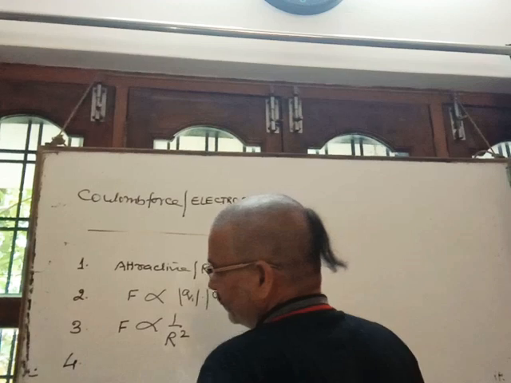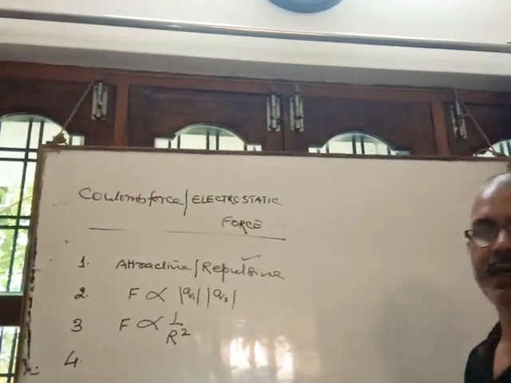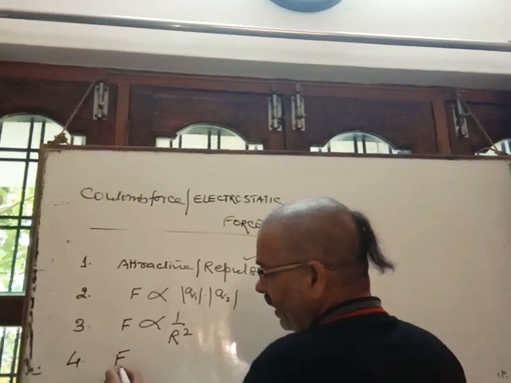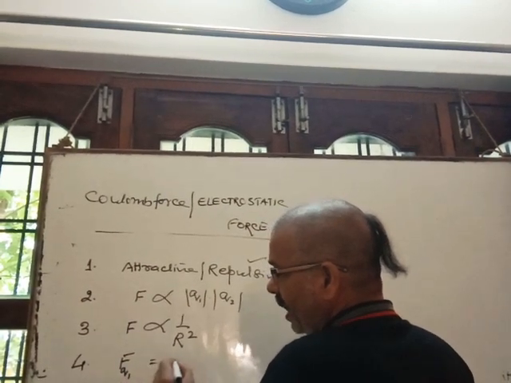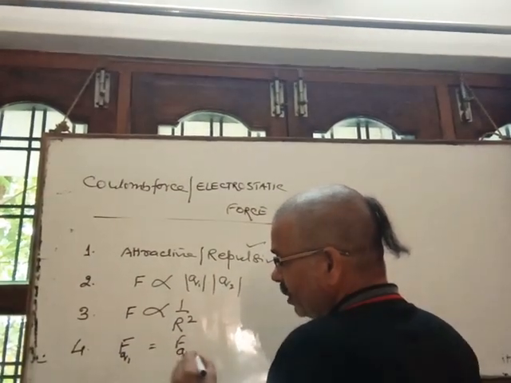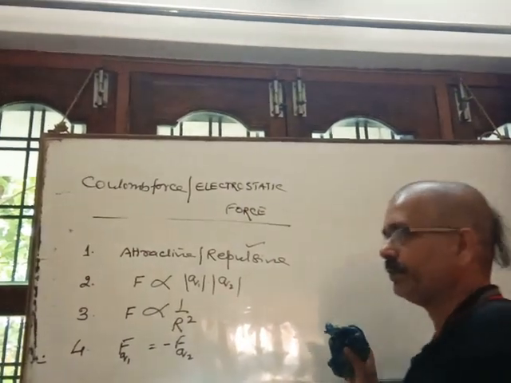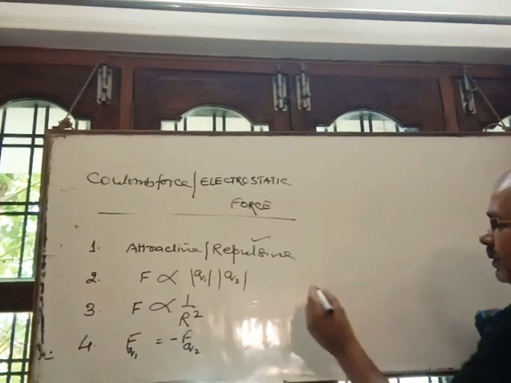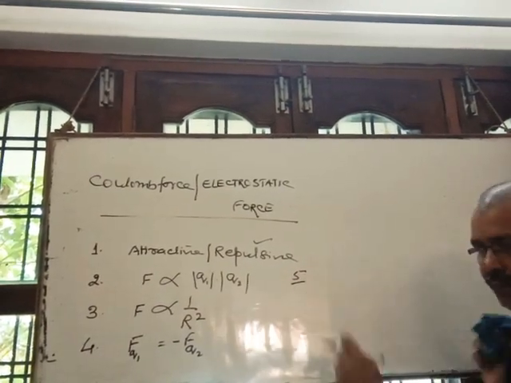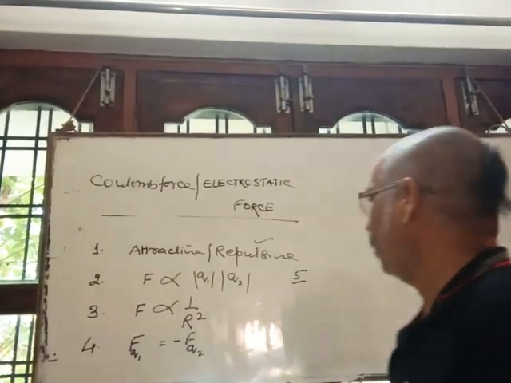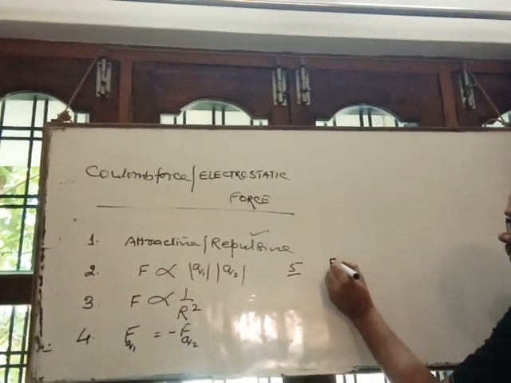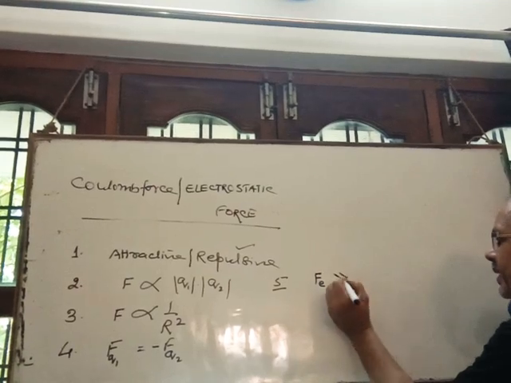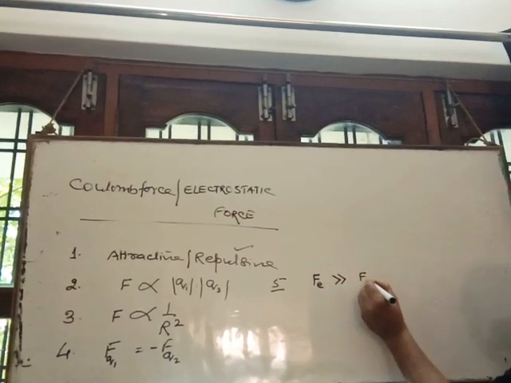Number 4, it follows Newton's third law of motion. It means the force applied by charge Q1 on Q2 is equal and opposite. That's why it follows Newton's third law of motion. 5th, Coulombian force or electrostatic force is much greater than gravitational force.